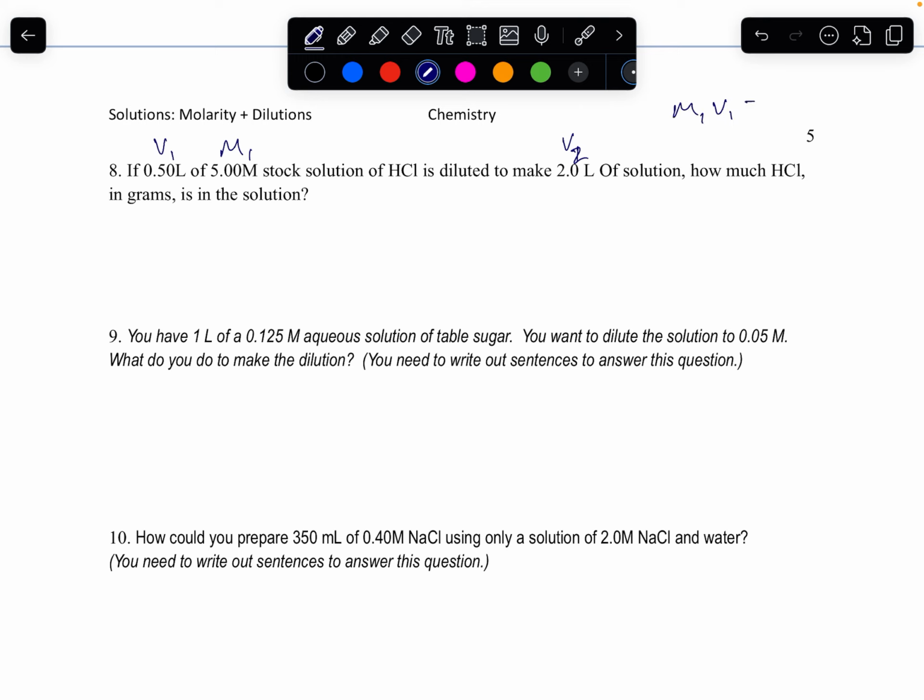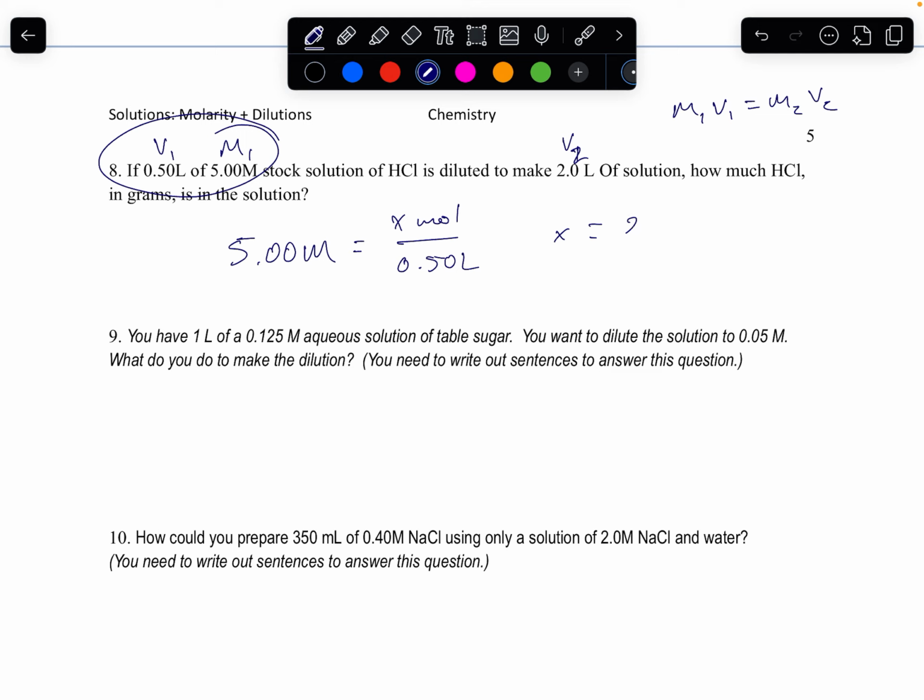So remember, when we use M1V1 equals M2V2, the moles on either side are going to be the same. Since I already have M1 and V1, I can find my moles using those. So I'm going to plug in 5 molar equals X moles over 0.5 liters.